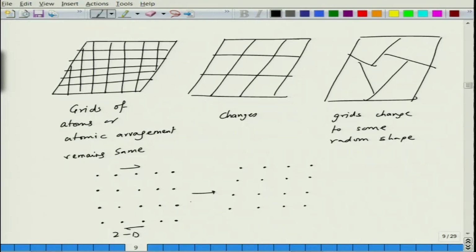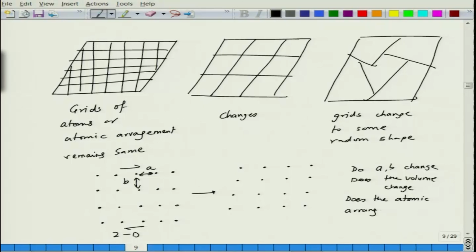So, here we can see that we have changed the dimension, or does this side become longer, this side become shorter? So, let us say if this is A and B, do AB change, does the volume change, does the atomic arrangement change?